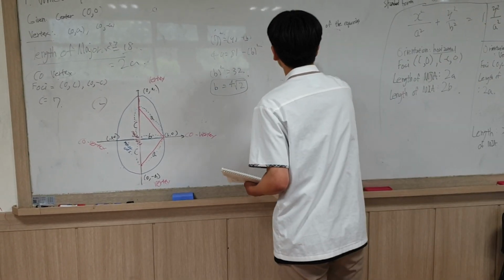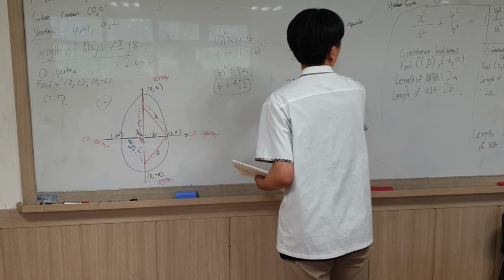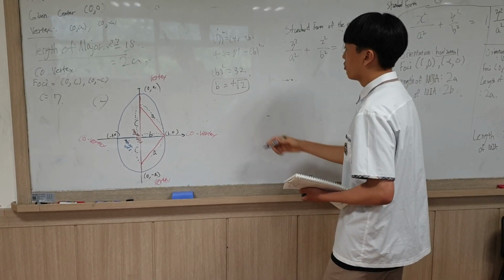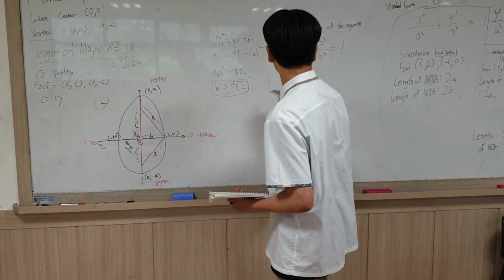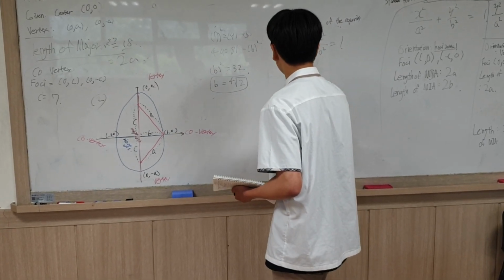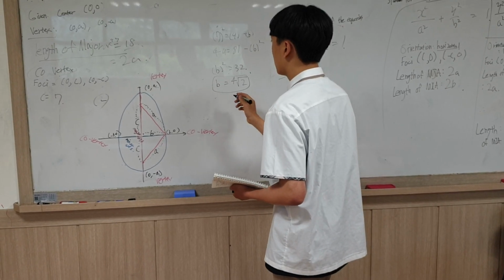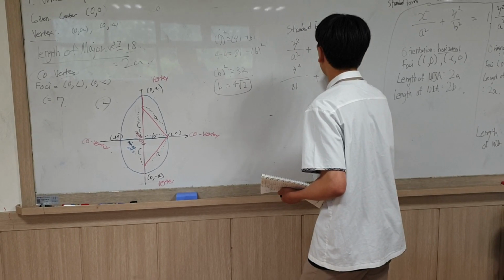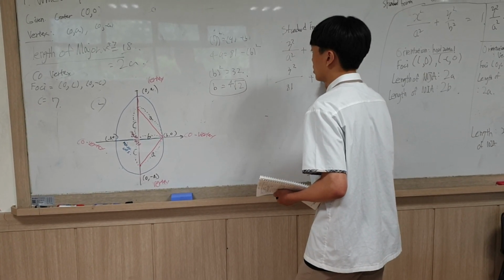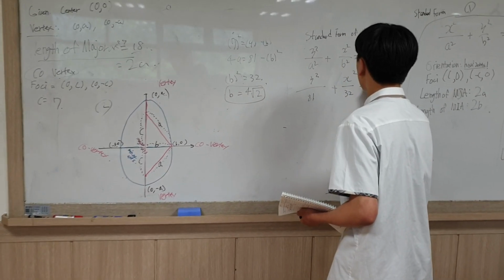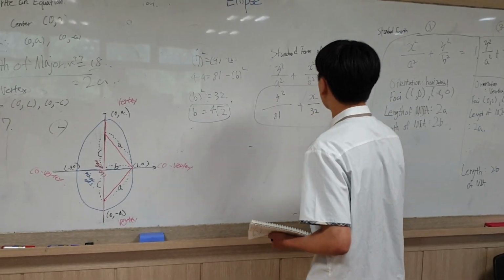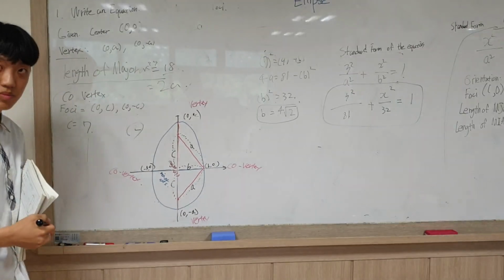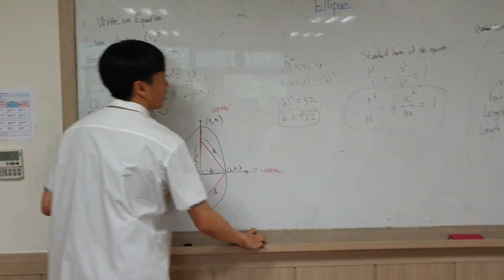So replace these a and b from here, so it will be 9 squared is 81, and 32, equals 1, and this will be the equation for this graph. So now for the second question.